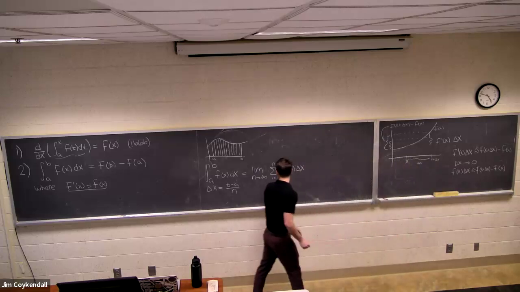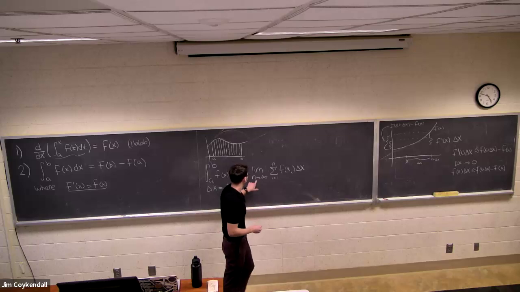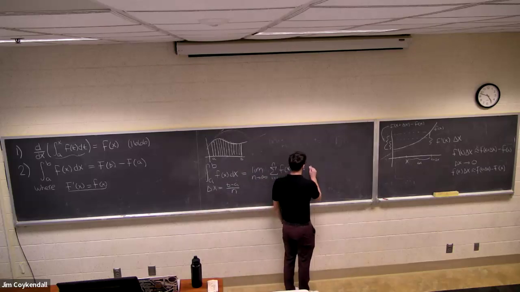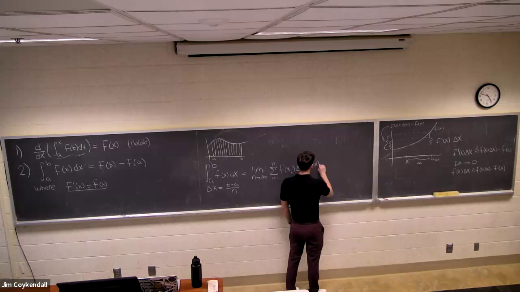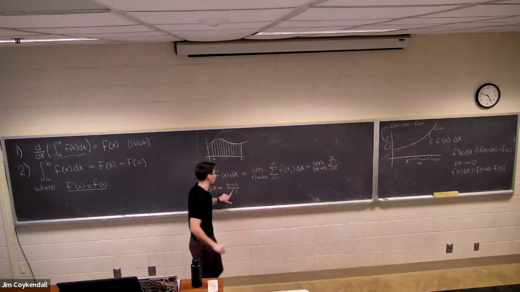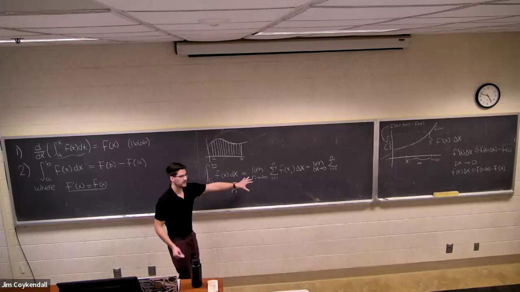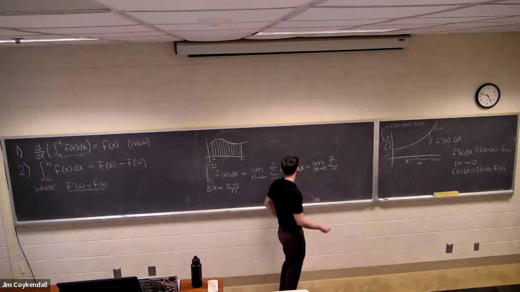And here's where I'll get a tiny bit hand wavy, but we don't really have time to go through this all. I want to change this limit to the limit as the change of this. Notice that n going to infinity, these are fixed, is equivalent to change in x going to 0. So instead of thinking about it as n goes to infinity, this is the limit as change in x goes to 0.